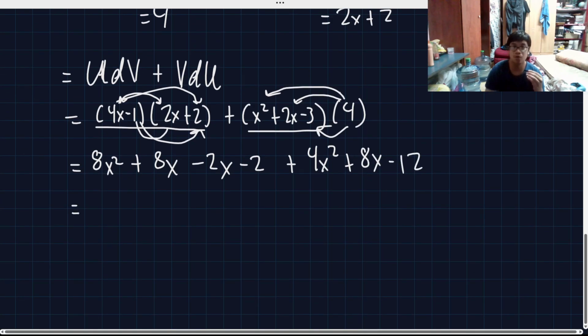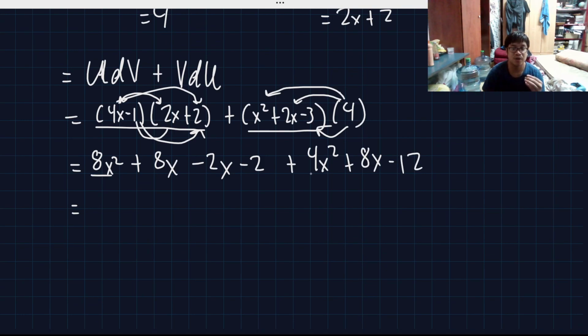Then, we can now combine similar terms. 8x squared and 4x squared are both similar because they have x squared. Combining them will give you 12x squared. Next, 8x, negative 2x, and 8x.